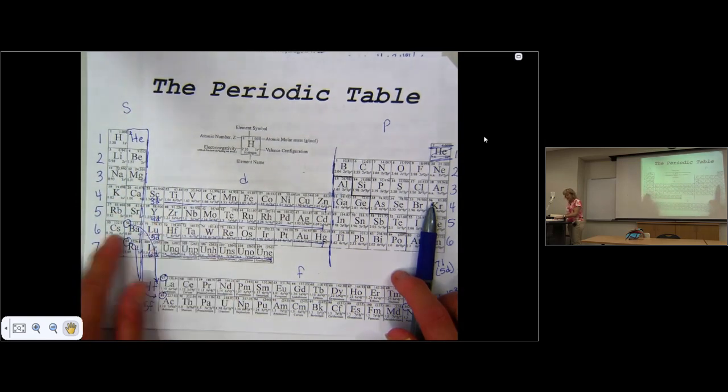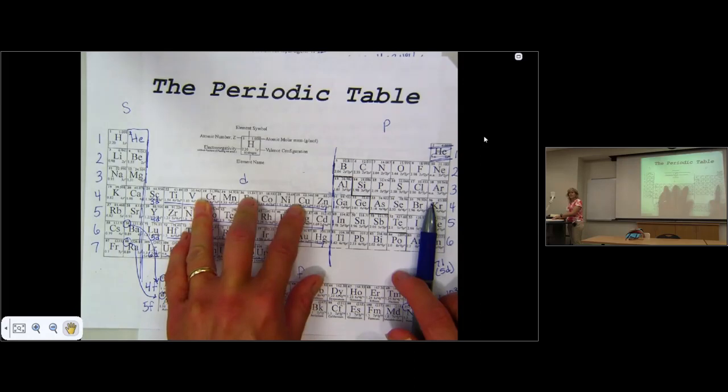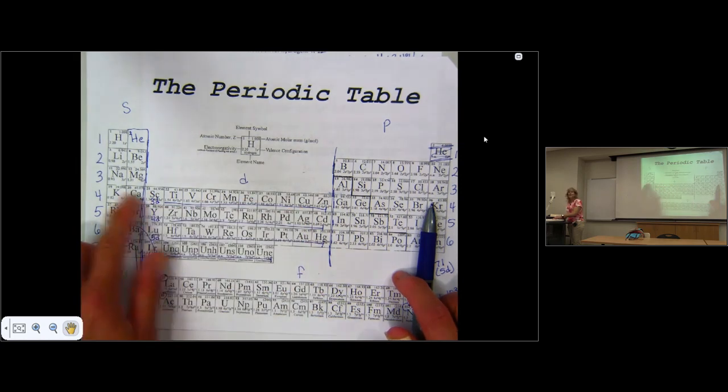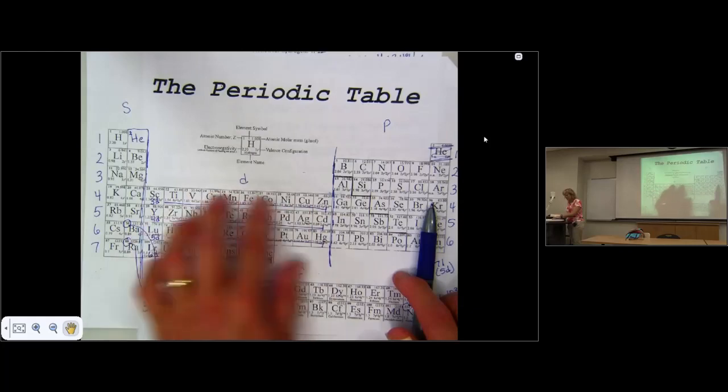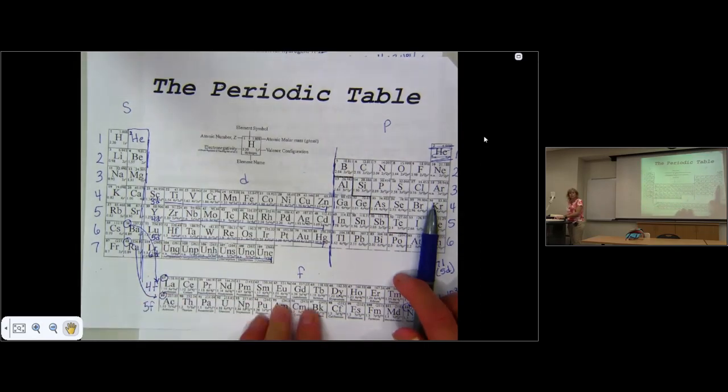Who's the outer? 6s. And so are these 6s too. That's the outer. Then you all of a sudden said there's 10 valence. 3D is not the outer energy level, is it? What's the outer energy level? 4s. How many valence electrons do these have? 2, 2, 2, 2, and 2.